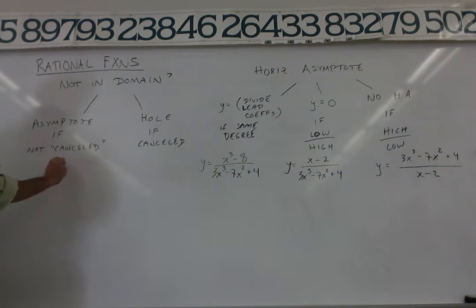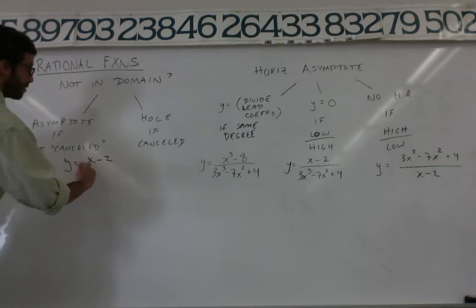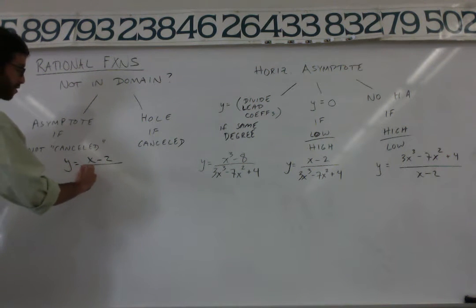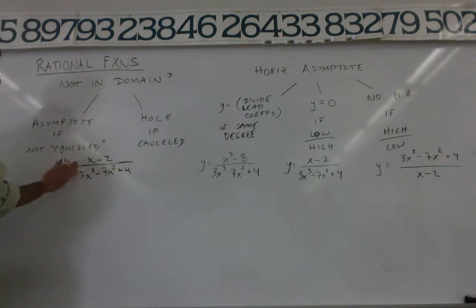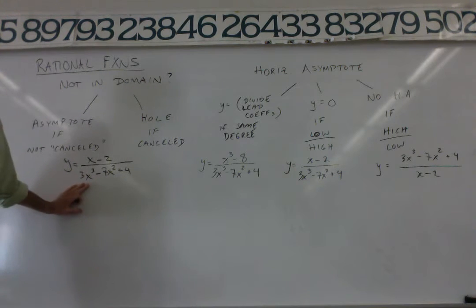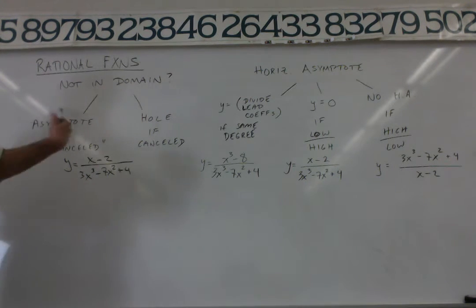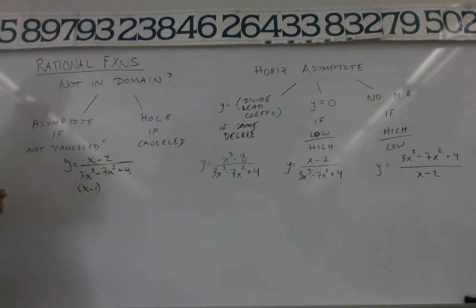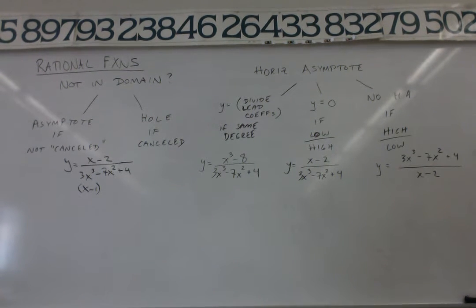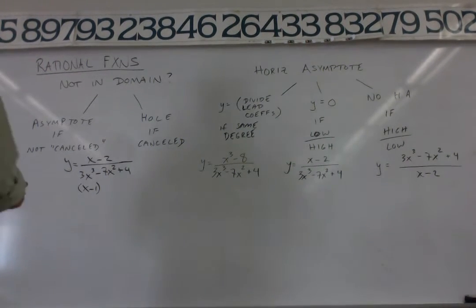Say we do the problem y equals (x minus 2) over (3x cubed minus 7x squared plus 4). Now this is kind of a hard one to do, but based on the last unit, this is a cubic polynomial that I've already taken the liberty of factoring, meaning I found on the calculator that a root was x equals 1, so one factor will be x minus 1, and what you're left with is a quadratic that factors into (3x plus 2) times (x minus 2).